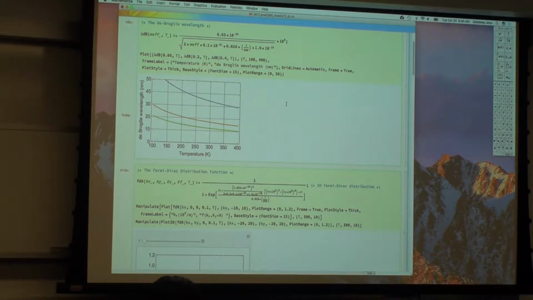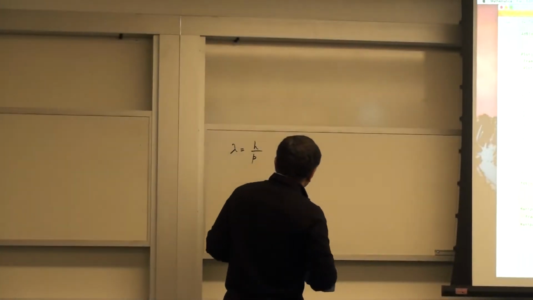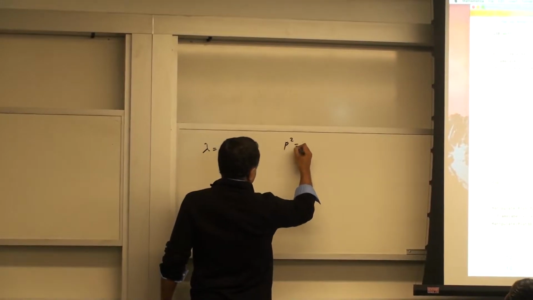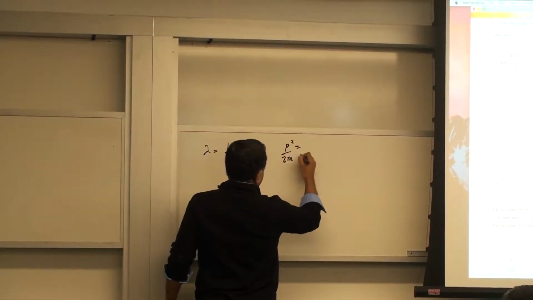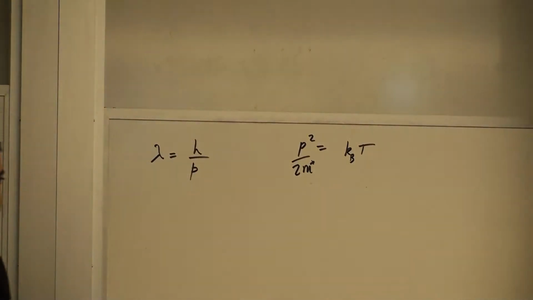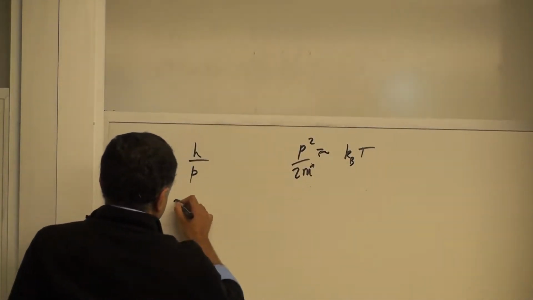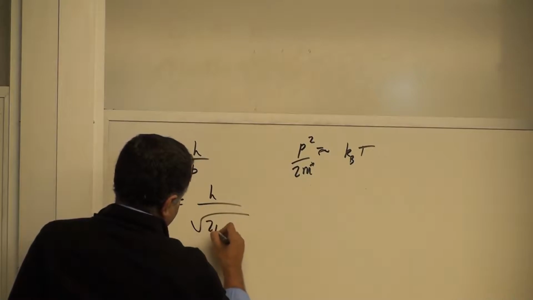One of the building blocks of quantum mechanics is that the wavelength is related to the momentum through this relation, and the momentum is related to energy. So if we assume that the kinetic energy is of the order of the lattice thermal energy, because the electrons are in equilibrium, colliding with the lattice, then the wavelength is clearly just that.